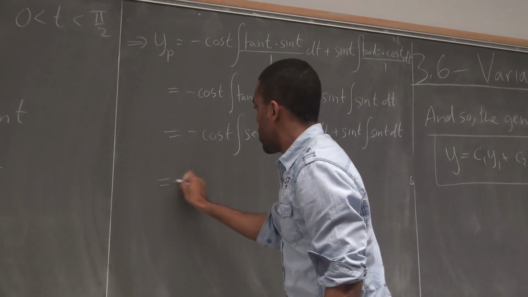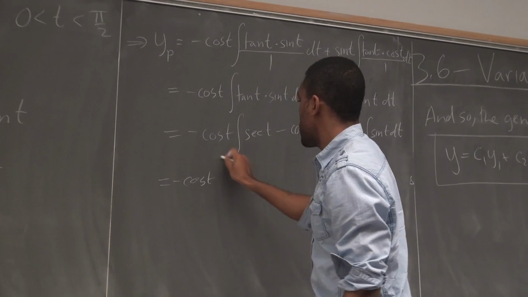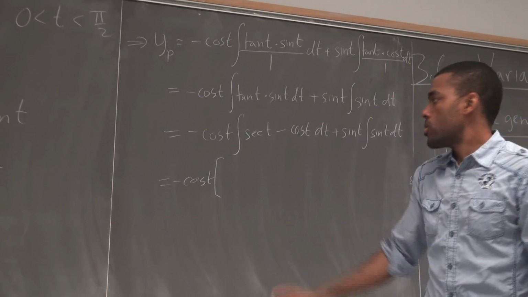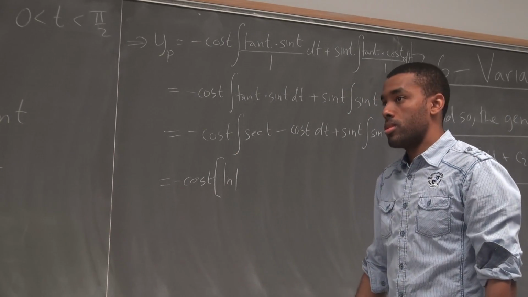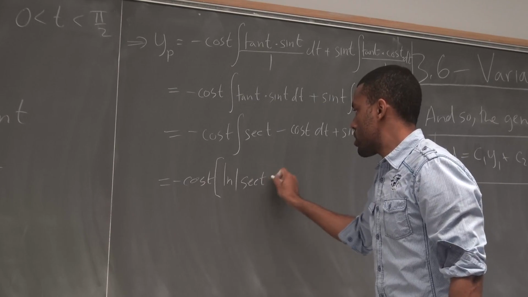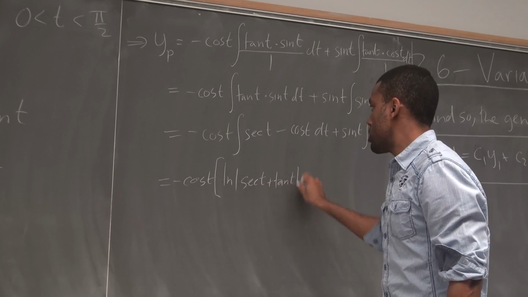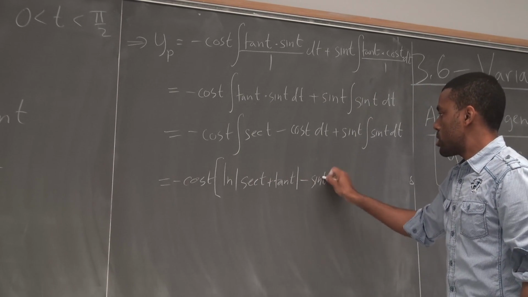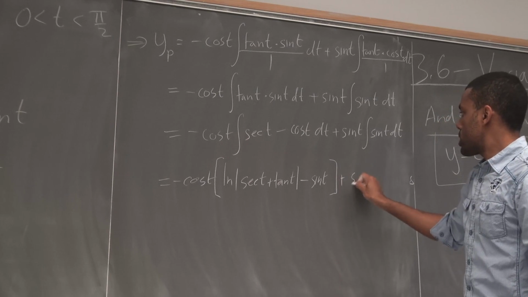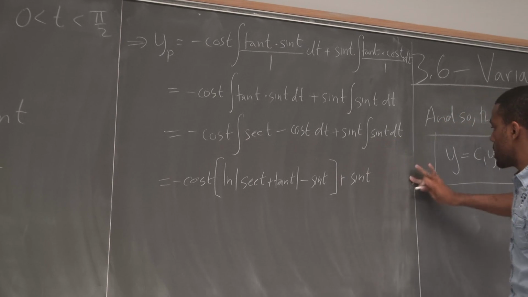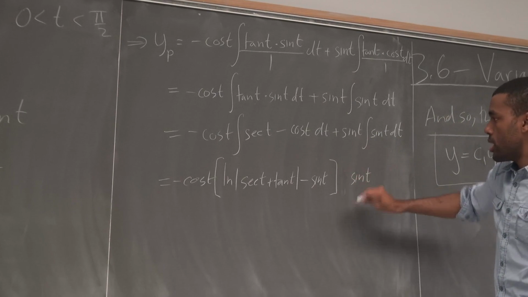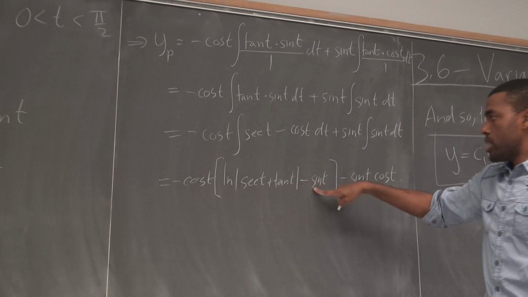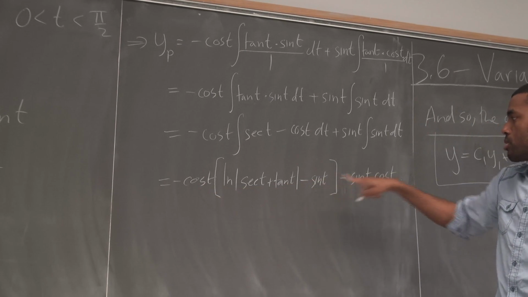Okay? And now we have minus cosine t times the integral of secant. What is the integral of secant? ln of secant t plus tangent t, minus the integral of cosine, which is sine, plus sine times the integral of sine, negative cosine, so this is negative cosine. Now negative cosine times negative sine gives you positive sine cosine, which is going to kill this.